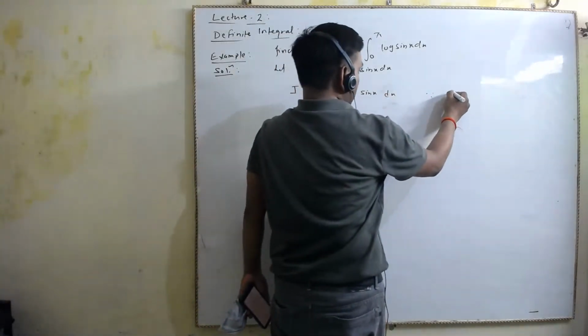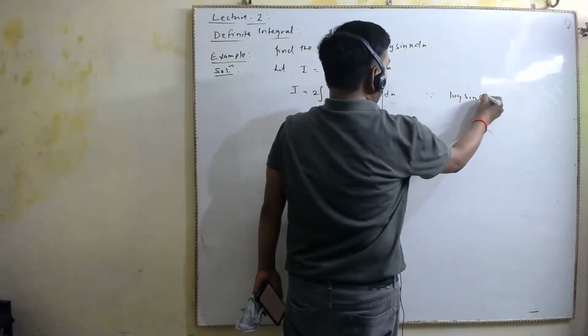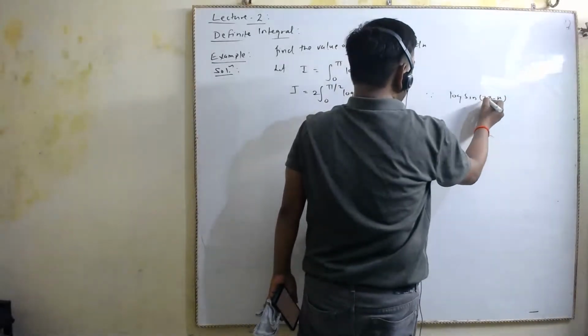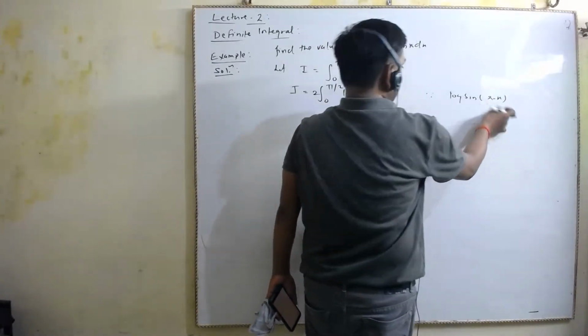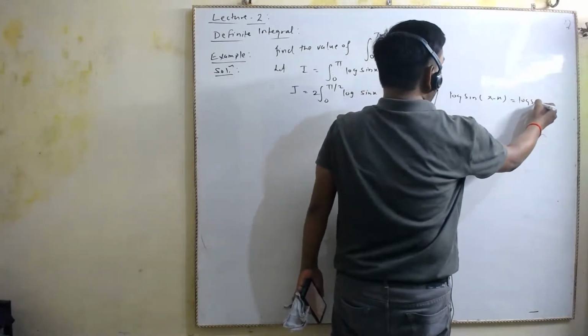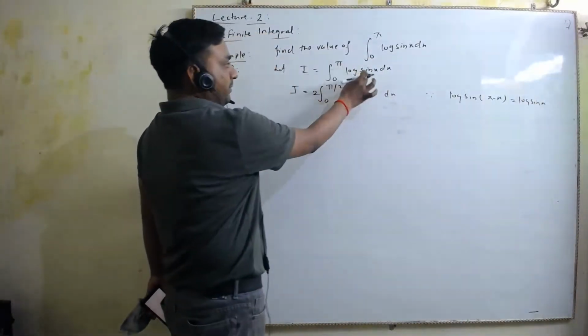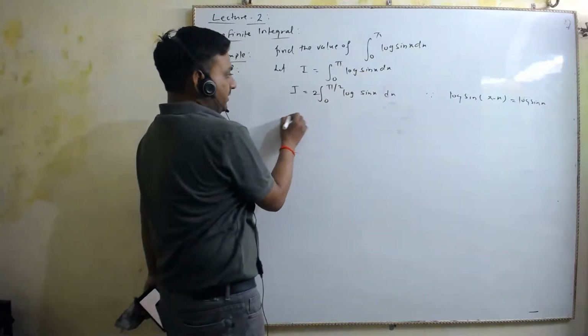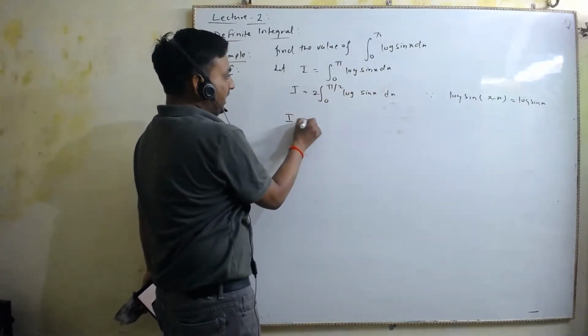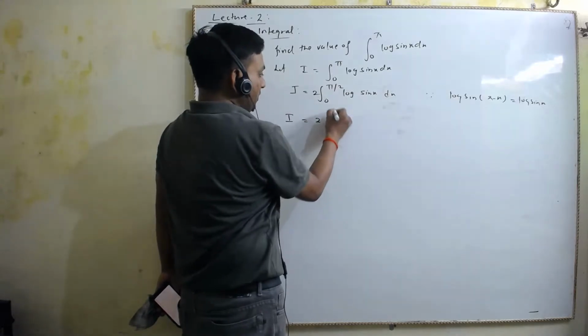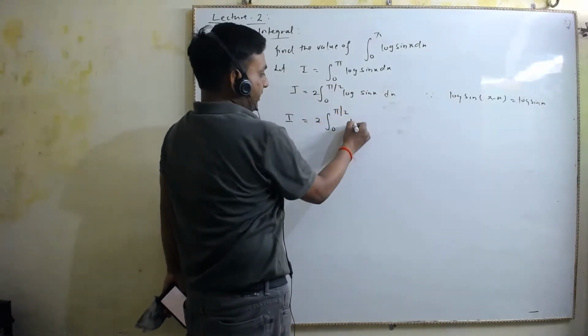Why? Because log of sin of (pi minus x) is log of sin x. Since f(2a minus x) is the same as f(x), I equals 2 times the integral from 0 to pi by 2.